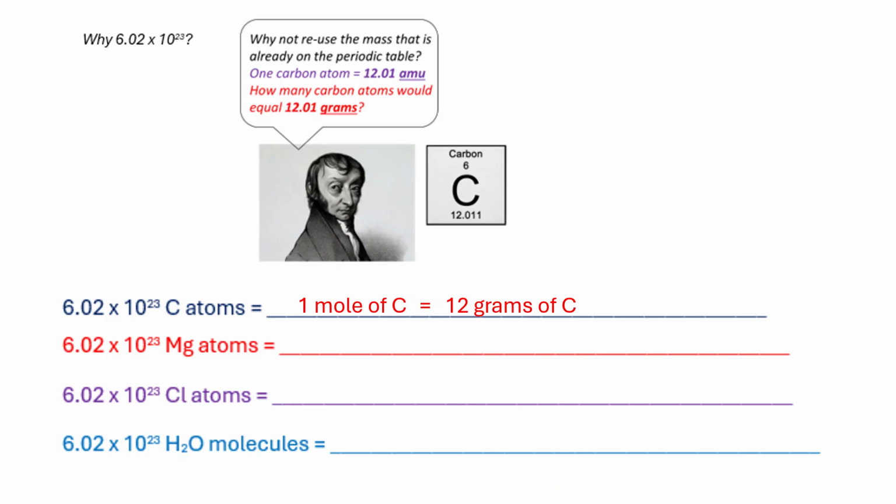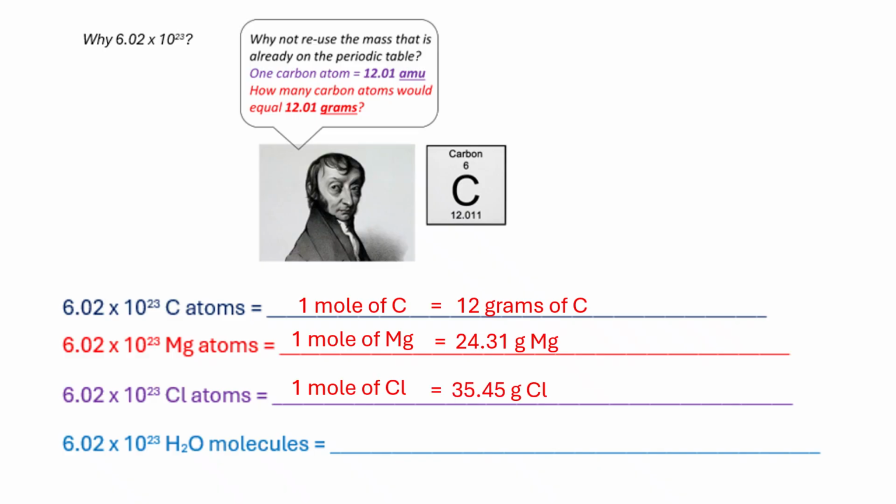Magnesium, if you have a periodic table handy, you'll see that its atomic mass is 24.31. And so 1 mole of magnesium atoms weighs 24.31 grams. Chlorine, same thing. 6.02 times 10 to the 23rd chlorine atoms equals a mole of chlorine, which equals 35.45 grams of chlorine.